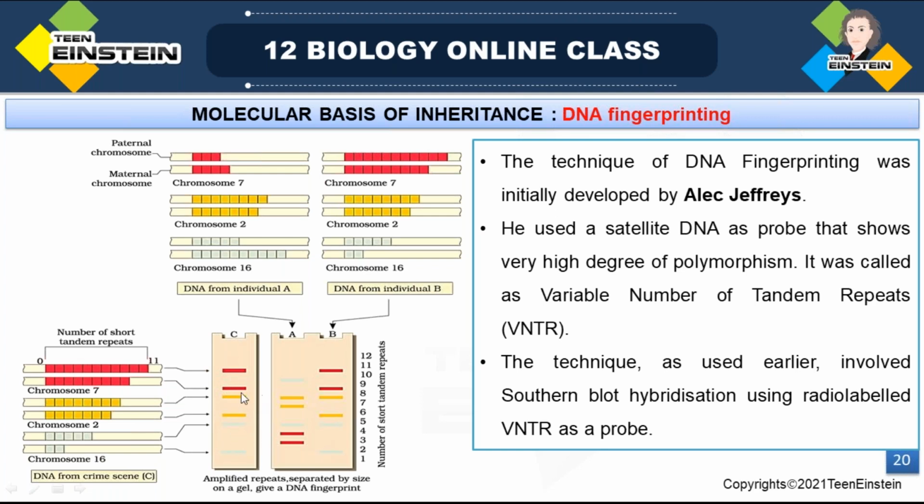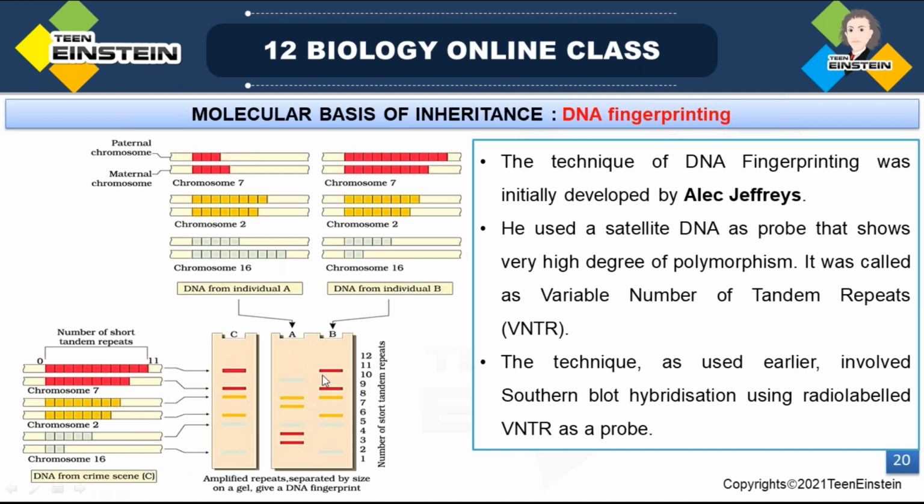Here you can see the short tandem repeats from the 11th chromosome; the paternal one is present and the maternal one is also present. In chromosome number 7, the paternal band is here and the maternal band is here. In chromosome number 2, the paternal banding is on top and the maternal banding is here.